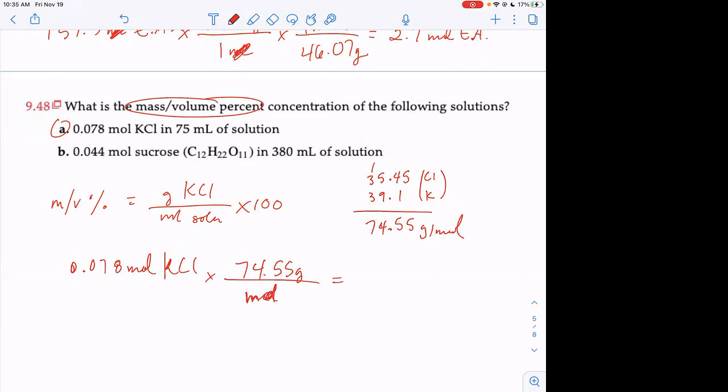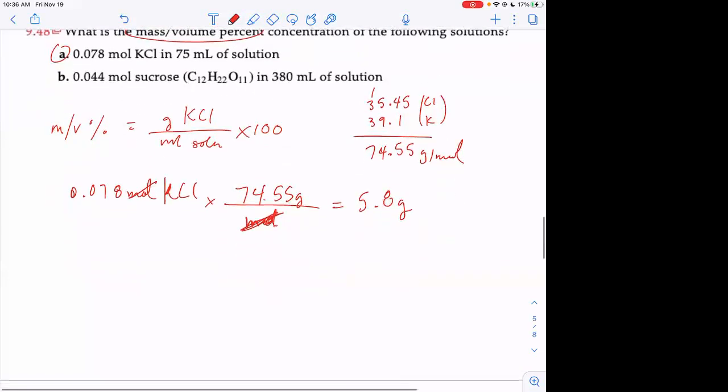So how many grams is that? Okay. And then this 5.8 is what we're going to plug in right up here.